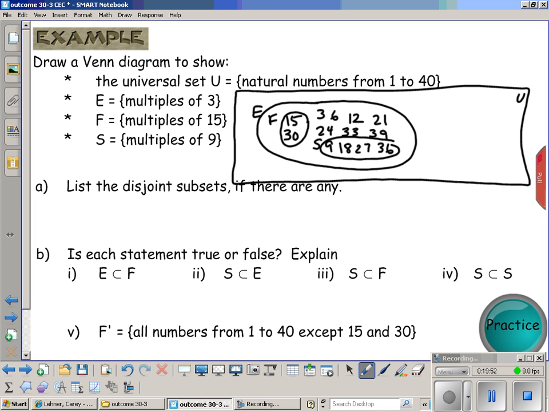Now we have to look at everything that's left over in our universal set. So we were looking at the numbers from 1 to 40. Only part of them got put in these ovals.